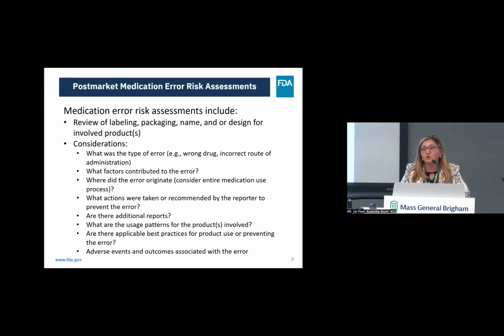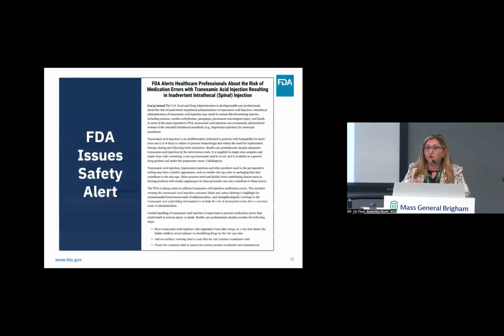For us, a good report is one that has all the information needed for us to analyze. And it doesn't have to be multiple reports, it could be one good report. In the example I provided previously, after evaluation by the analyst, FDA made a decision to issue a safety alert, which alerts all healthcare professionals about the risk of medication error with tranexamic acid injections.